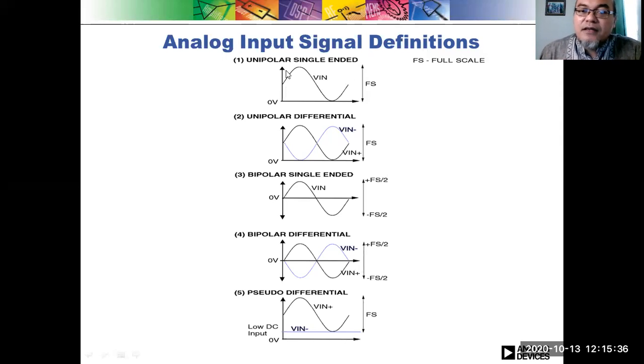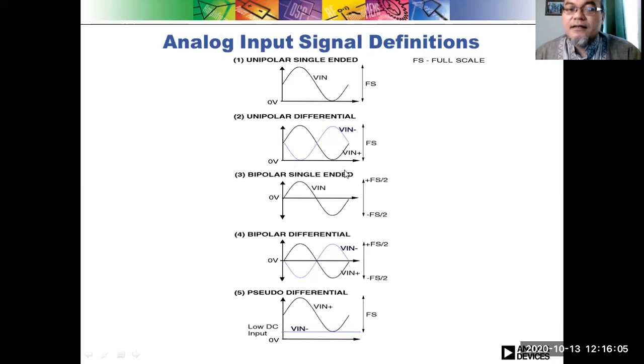It could also be unipolar differential, when there are two input ports. Then we capture the difference between the two. One is the positive, the other one is the negative input, and the full scale is still captured from 0 to that full scale value.